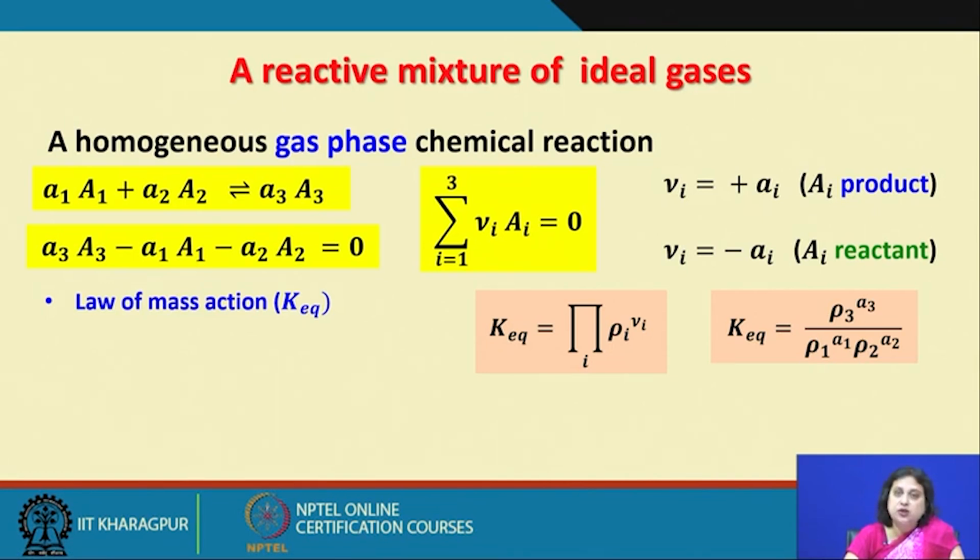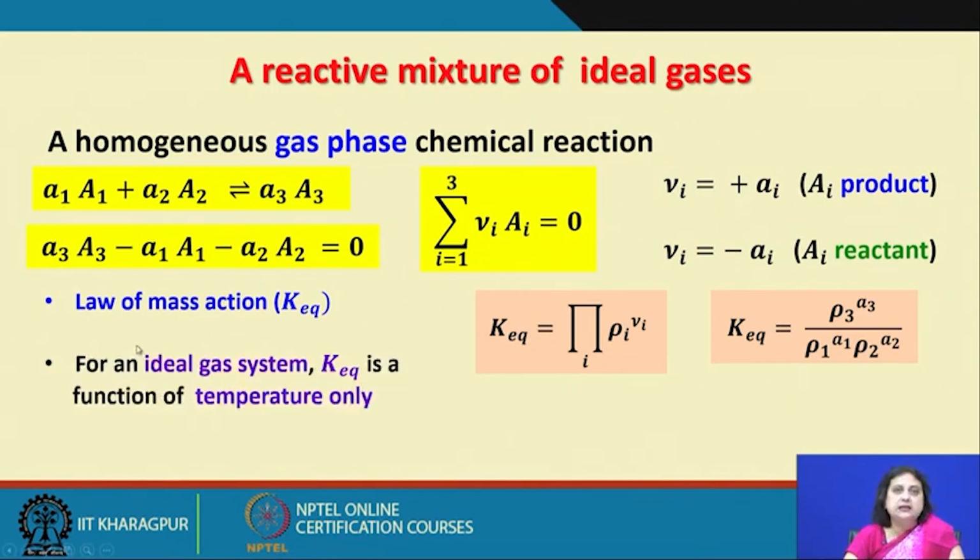The reaction does not seem to proceed either in the forward or the backward direction, and a constant ratio of these numbers is being maintained, which is known as the equilibrium constant. So, we are going to look at the reactive mixture of an ideal gas and try to understand why at all something like an equilibrium constant should exist in a simple case as shown here.